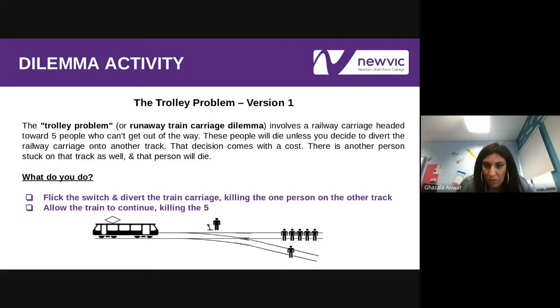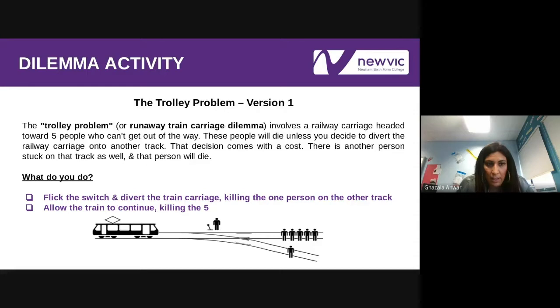So, guys, I want you to think about that for a moment, and imagine what your response might actually be. What do you do? Have a little think about it. Just write down your response on a bit of paper. You can share with me later.